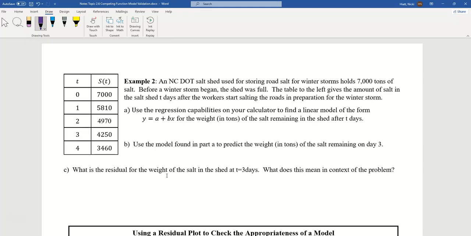A just says use the regression capabilities of your calculator to find a linear model of the form y equals a plus bx. Actually, I'm going to change this right here. This would be better. Here I put t's and S of t's and I didn't change this. S of t equals a plus bt. Let's use different variables right there.